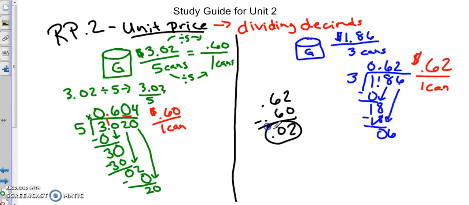So your answer would be 2 cents if I were asking you how much money you would save buying the cheaper can than the more expensive can.